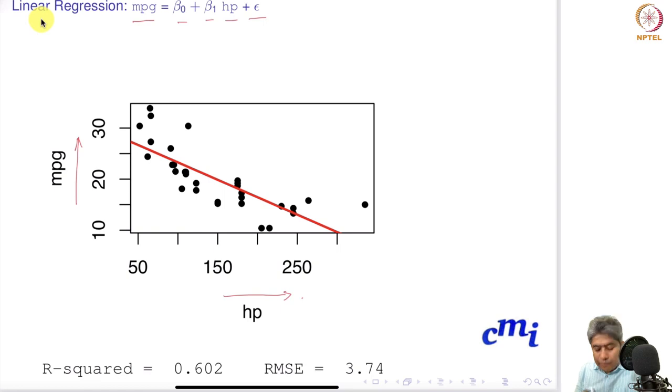This is a simple linear line, the function that we are trying to fit.